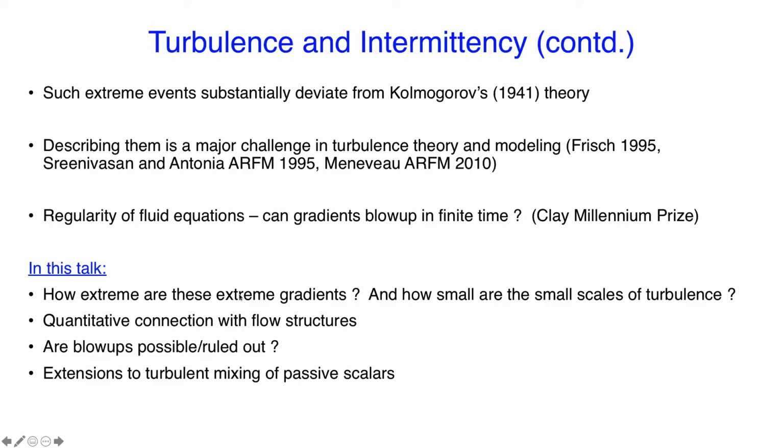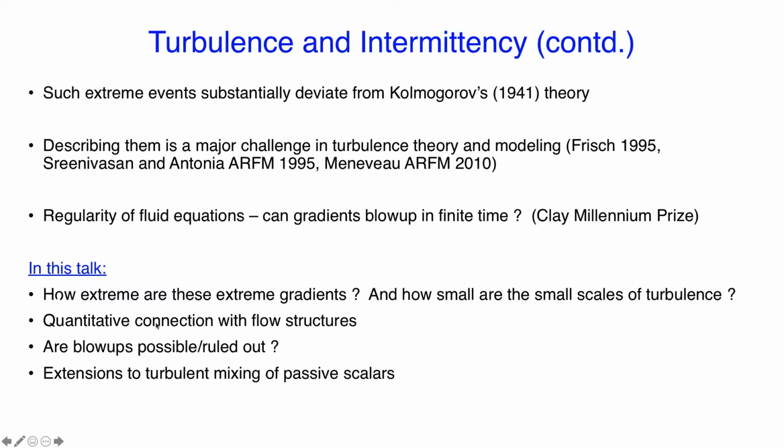And in another context, the existence of extreme events is also important from a very fundamental mathematical point of view, because it has not been established yet whether the fluid equations are mathematically well posed. Which is to say, whether the Navier-Stokes equations admit smooth and regular solutions at all times, or whether there can be finite time singularities. And as many of you probably know, this is one of the famous Clay Millennium Prize problems.